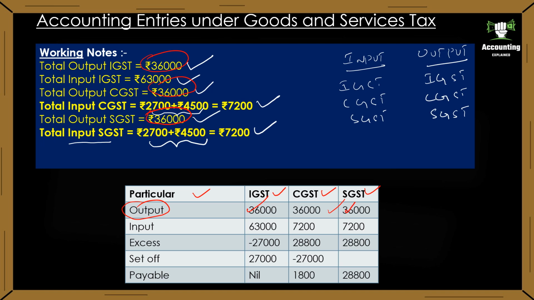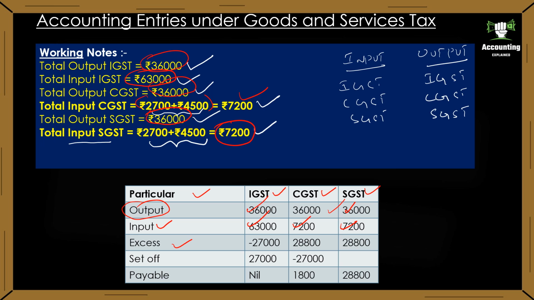Next input. IGST is 63,000 rupees. CGST is 2,700 plus 4,500, it is 7,200. And here also total input SGST is 7,200.